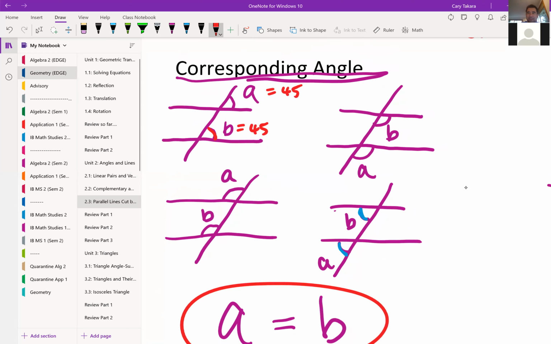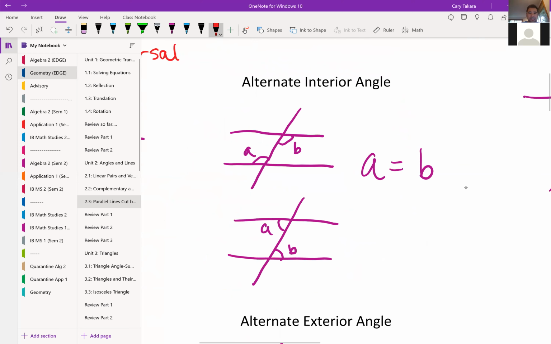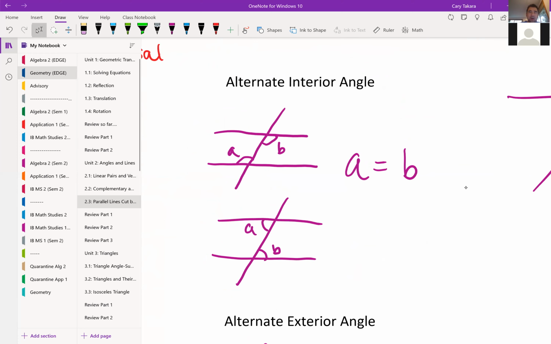Okay, and then we've had alternate interior angles. Alternate means left and right or right and left, okay? And then interior means within, inside the parallel lines in this case. So here it is.